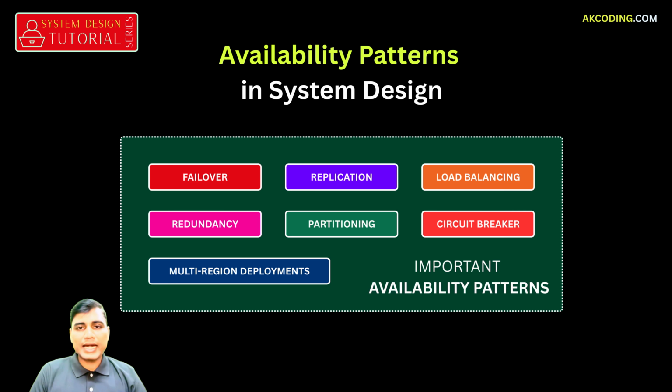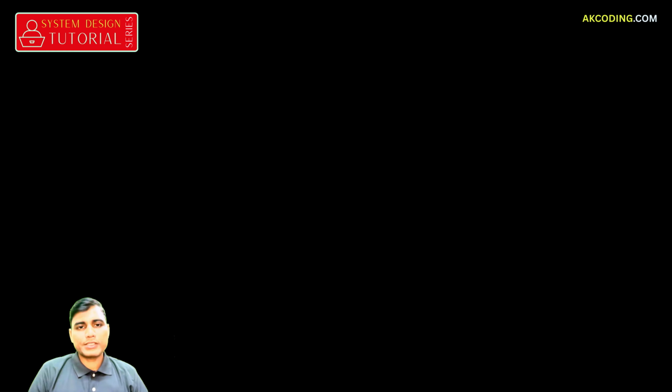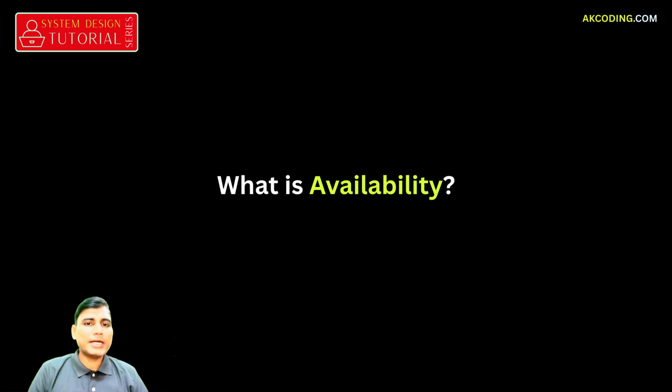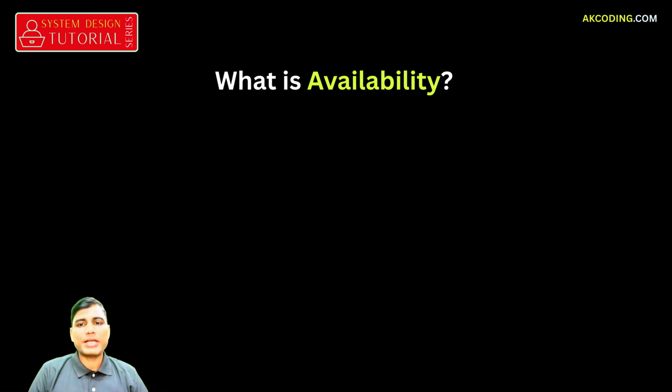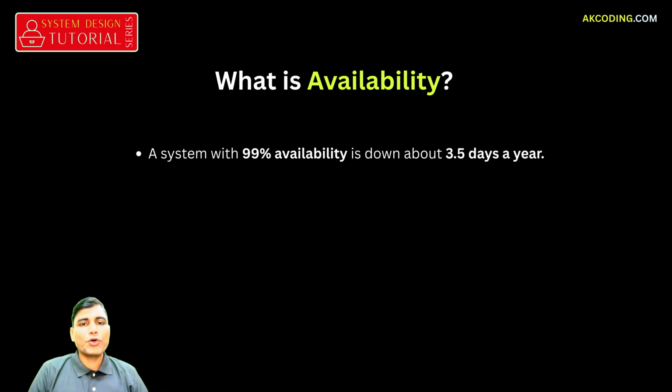Let's get started. First things first, what is availability in system design? Availability is a measure of how often a system is operational and accessible to the users. A system with 99% availability is down about 3.5 days a year, which is not good for a healthy system.